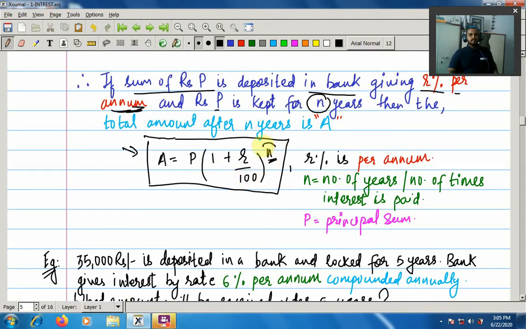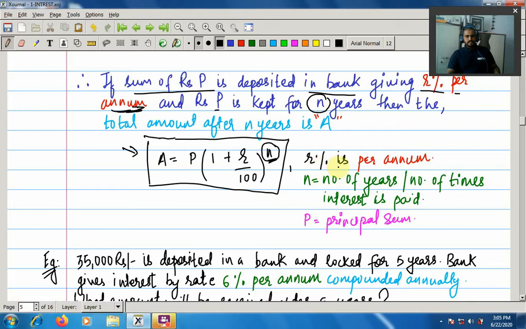This n is very important to define. We have to understand what we mean by this n and how the meaning changes with respect to the rate of interest per annum, quarterly or half yearly.